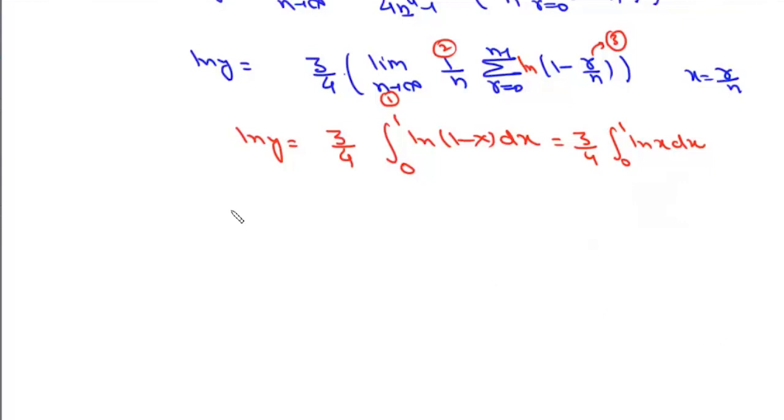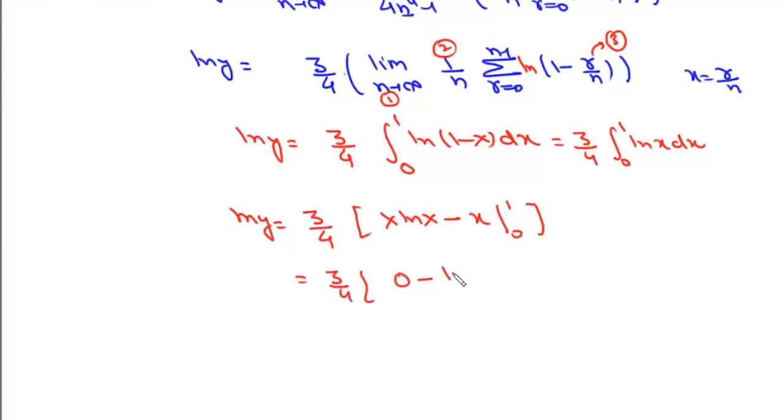Now log y is 3 by 4, and this is x log x minus x from 0 to 1. Now log 1 is 0, minus this limit x tends to 0 of x log x, and then minus 1.